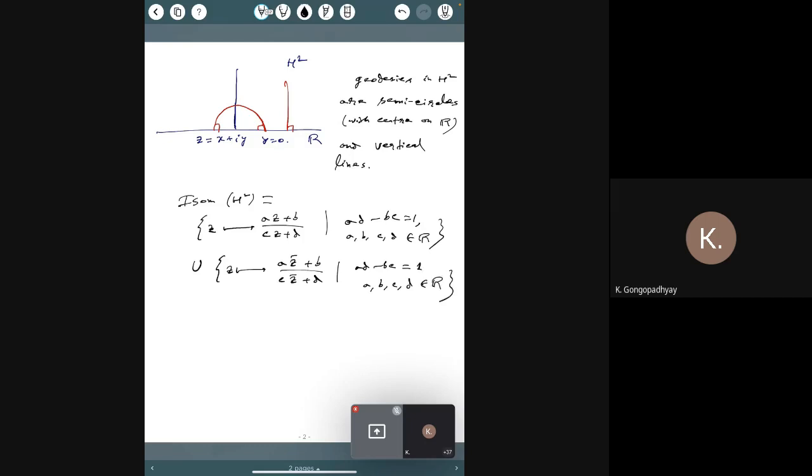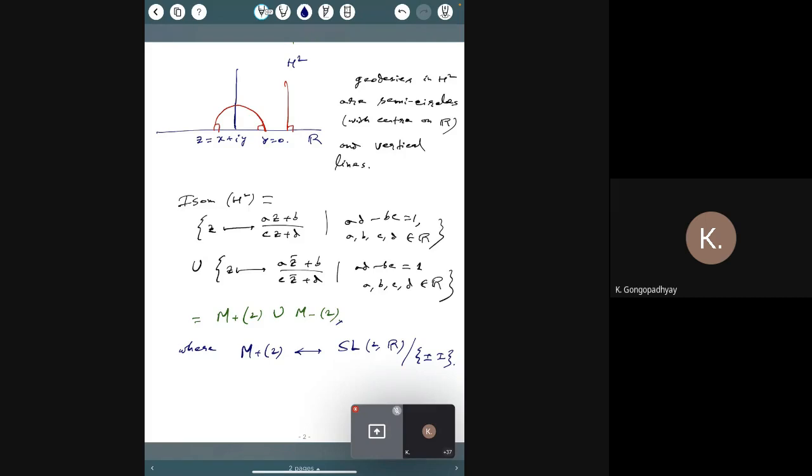Okay, but the point is this whole group has a bijective correspondence with M plus 2 union M minus 2, where M plus 2 you can identify with SL2R modulo plus minus identity.